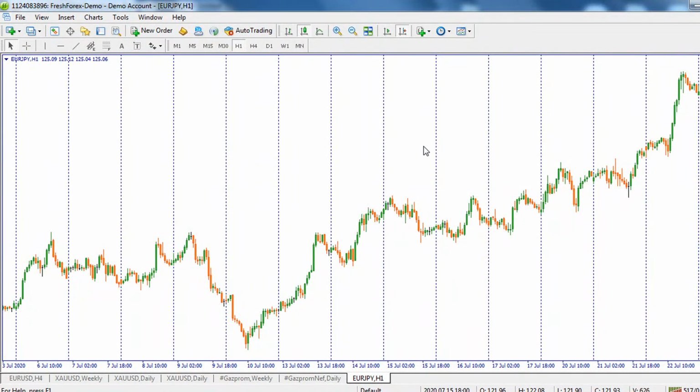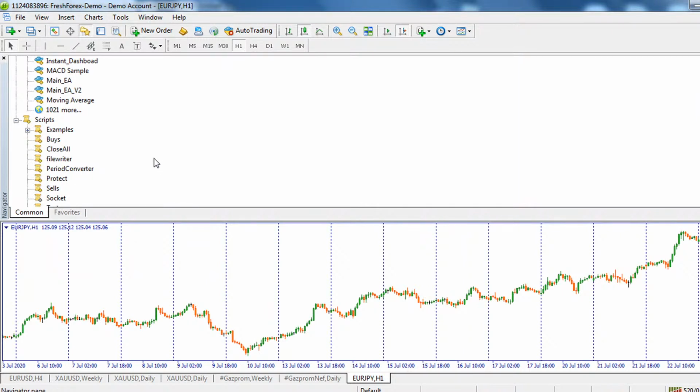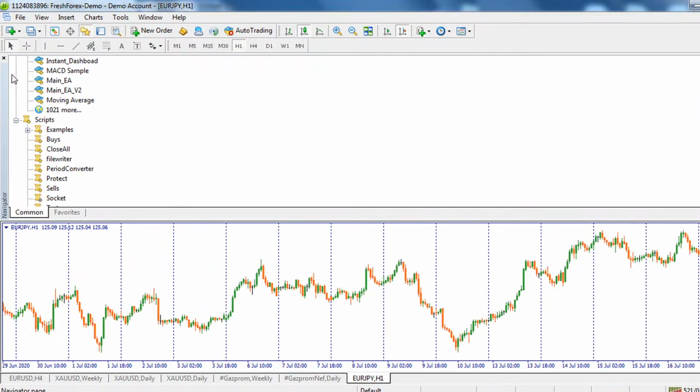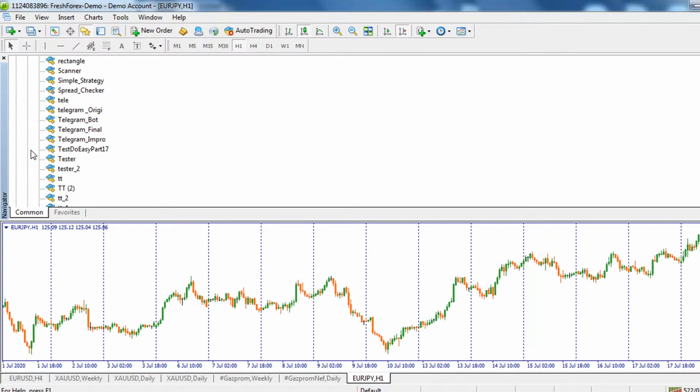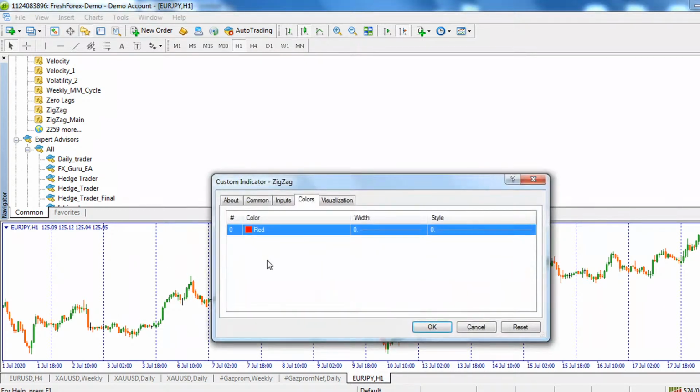Sorry, if that does not work, because from what I'm seeing, we can't click it. Go here, navigator, and then look for it. Zigzag is here. Then drag it to your screen.